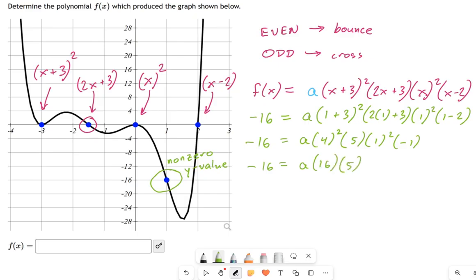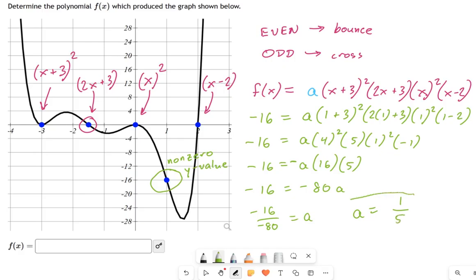The 1 squared I'm not going to bother writing. Times a -1, well, that just pops out front as a negative sign. Okay, so this is going to turn into -16 equals -80a. Or in other words, -16 over -80 equals a. So now you can say, well, that means my a equals 1 over 5.